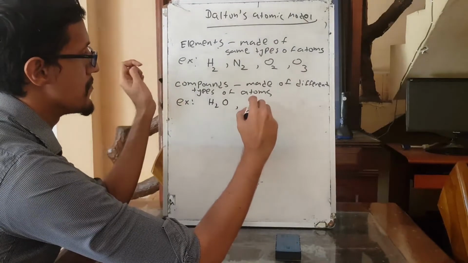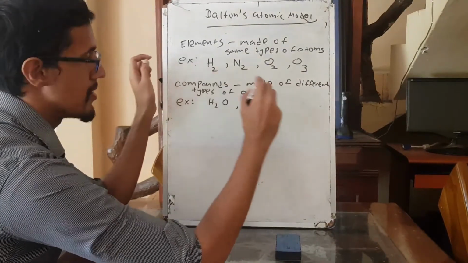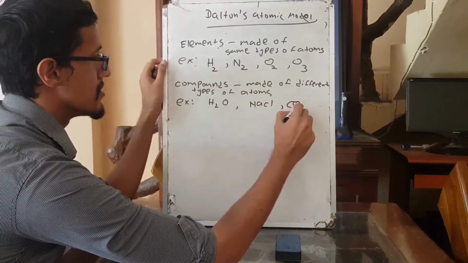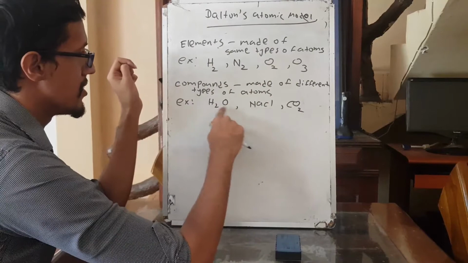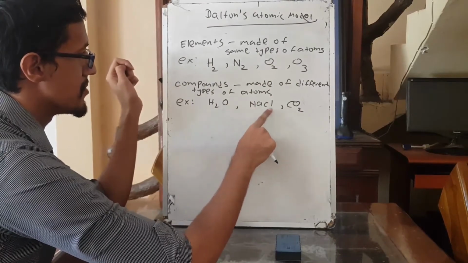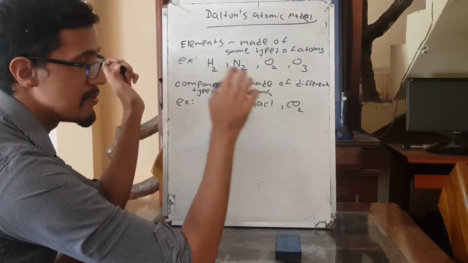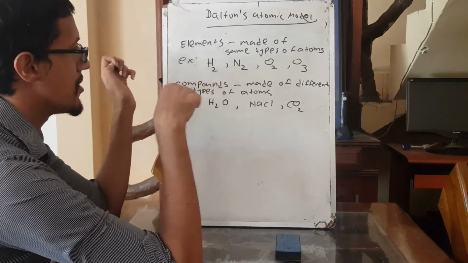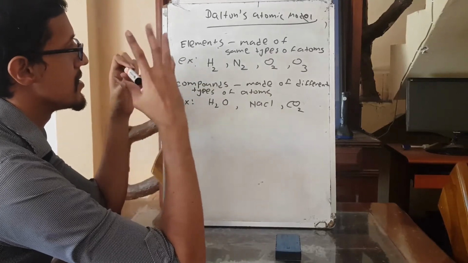Then carbon dioxide. So we have hydrogen, oxygen: two hydrogens, one oxygen. Sodium and chlorine. Carbon and two oxygens. So compounds are made of different types of atoms. This is the thing you have to remember.